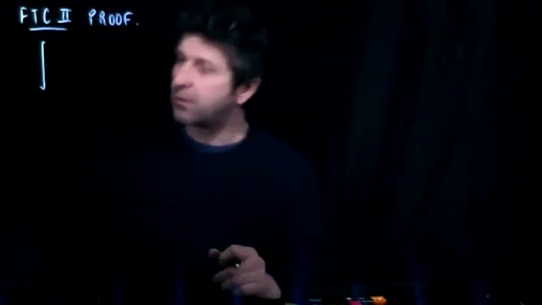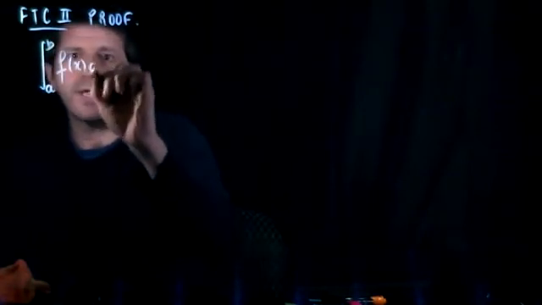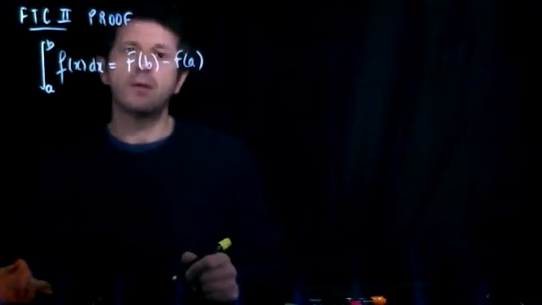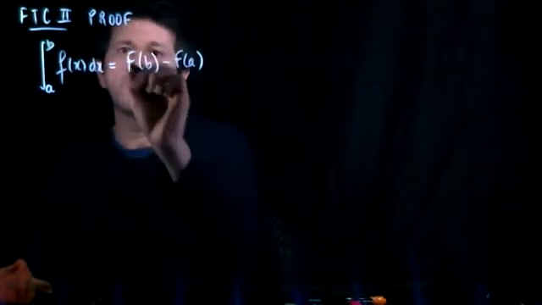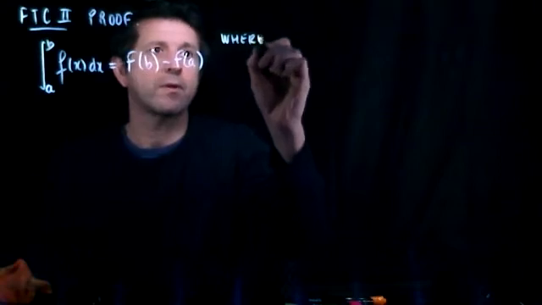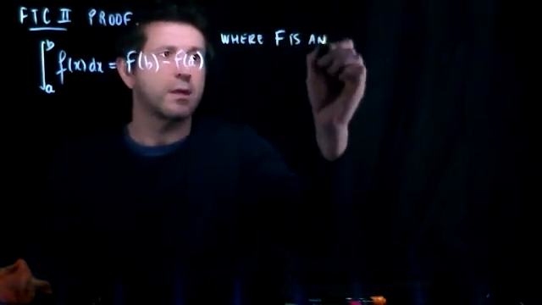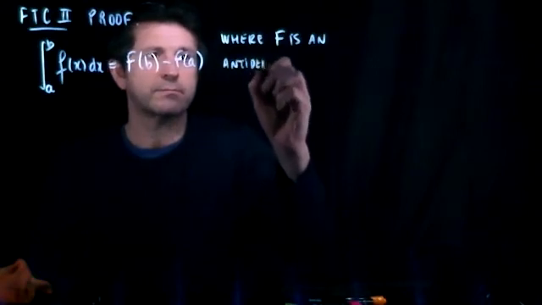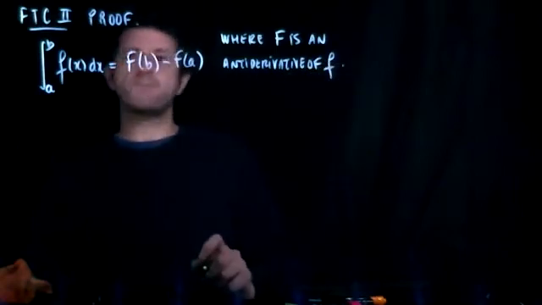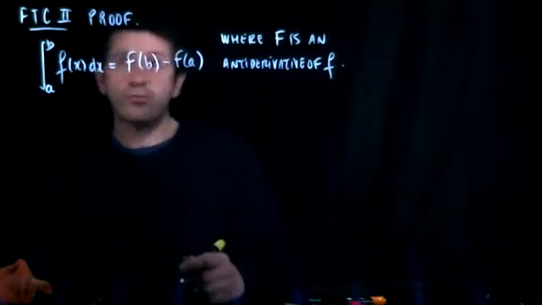It's that the integral from a to b, the area from a to b of f of x dx, is equal to big F of b minus big F of a, where, of course, big F is an antiderivative of small f.